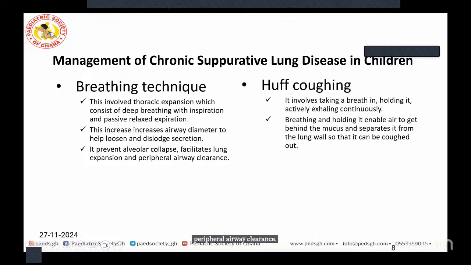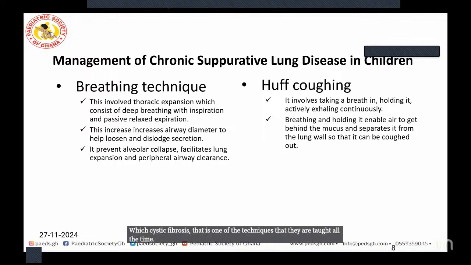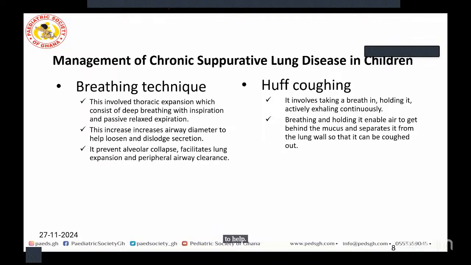There's also huff coughing, which is also very effective in children with cystic fibrosis. That is one of the techniques that they are taught all the time to help remove mucus from the lungs, and children with bronchiectasis too, or other conditions like primary ciliary dyskinesia, or in our case, children with post-TB wet cough, like Dr. Wadu said.